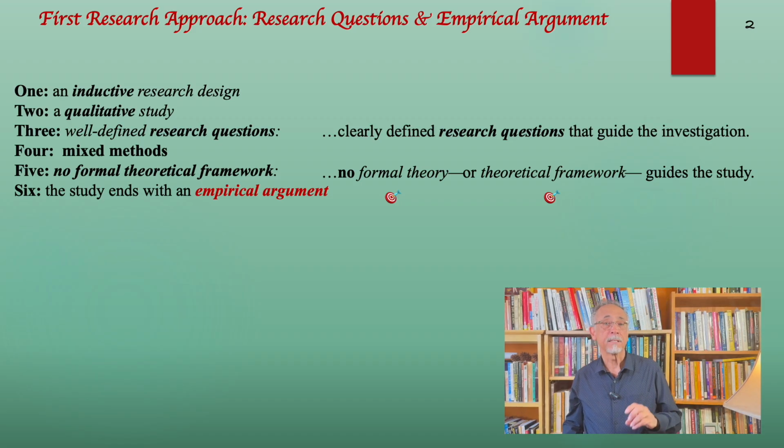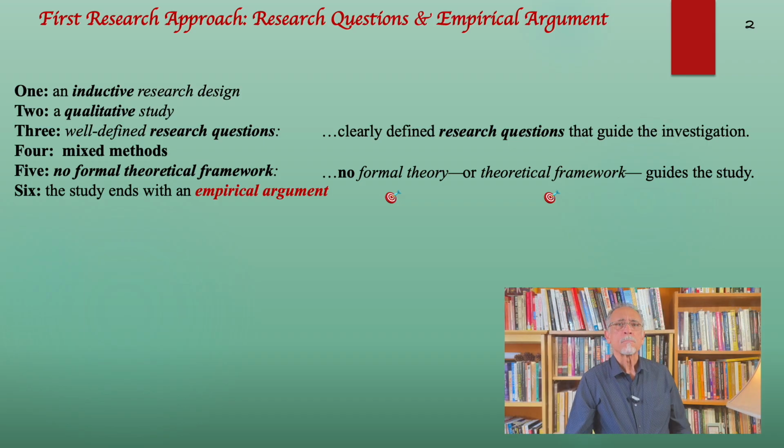Now, let me add an important caveat. Although this approach is often not driven by formal theory, some researchers may still draw upon broader grand theories to orient their investigation. For example, Marxism, conflict theory, feminist theory, critical race theory.